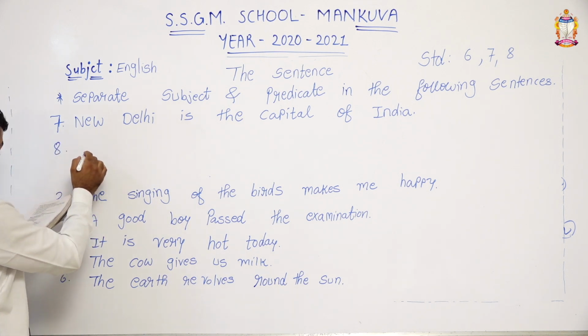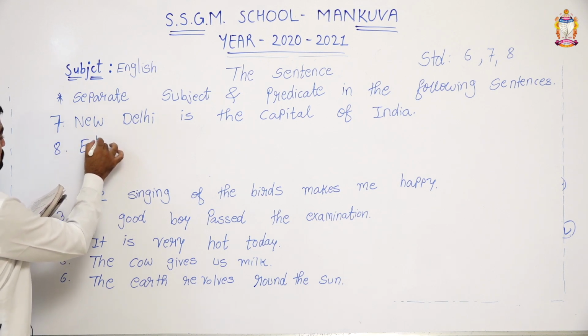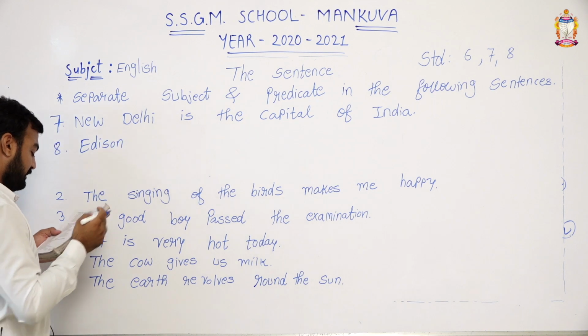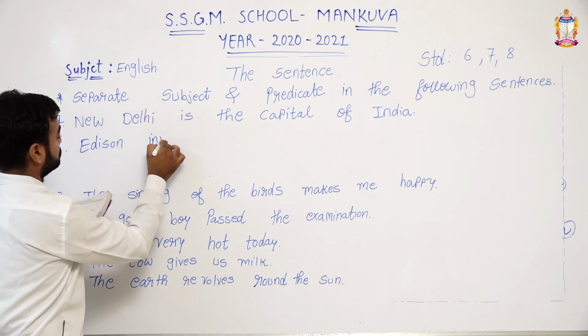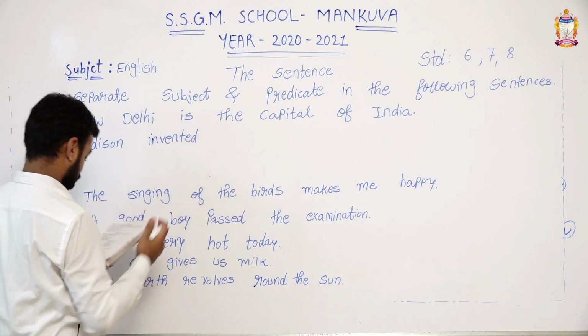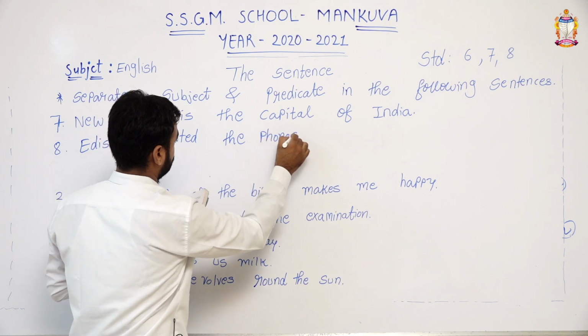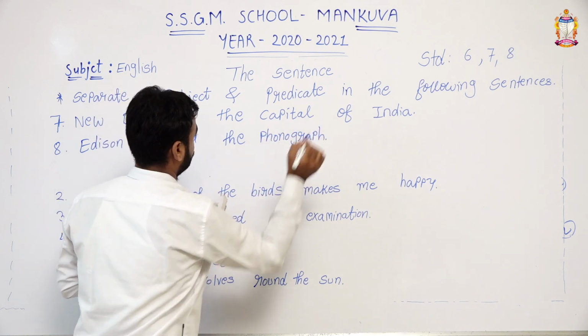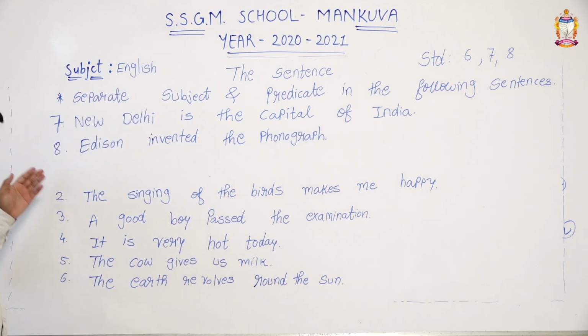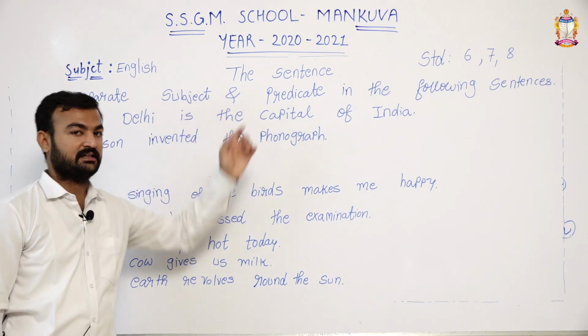Number 8, Edison invented the phonograph. So there are total 8 sentences. Please note them down in your notebook and solve them as I have already shown. This is the exercise for you for subject and predicate.